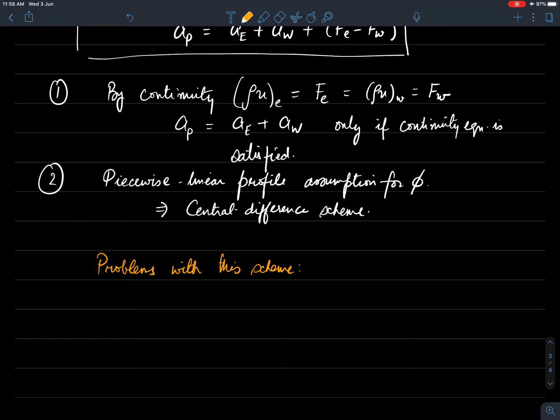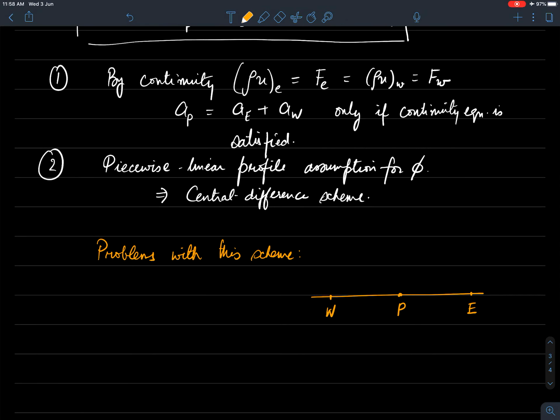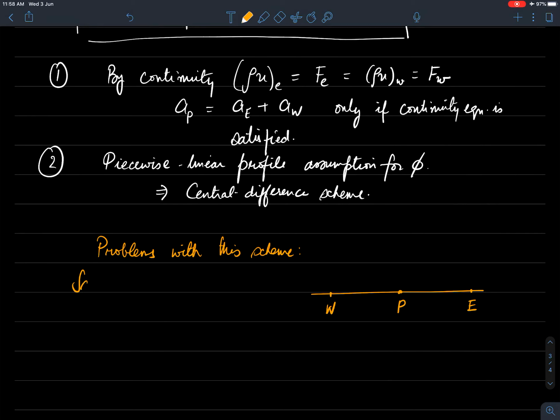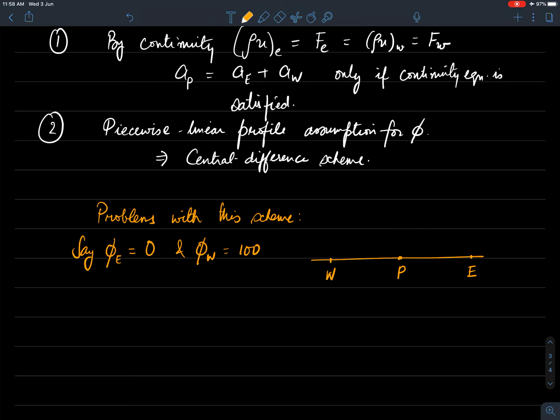Okay, so to show you the problems, let me choose a particular scenario where we are solving for phi at P using some values at W and E which may be known. How they are known we don't concern ourselves with right now, but let's say phi E is 0 and phi W is 100.